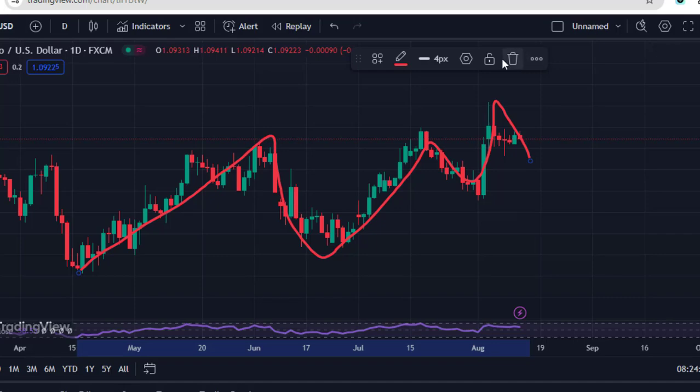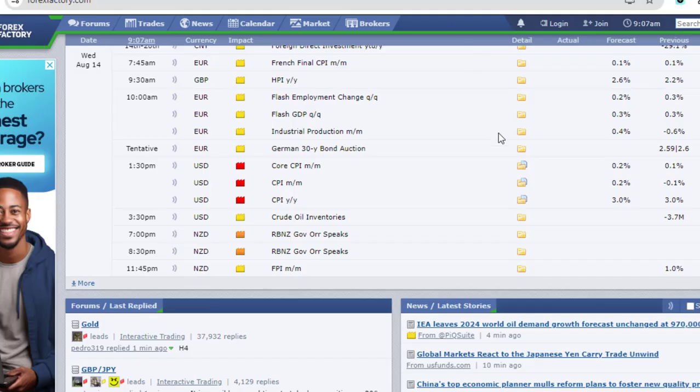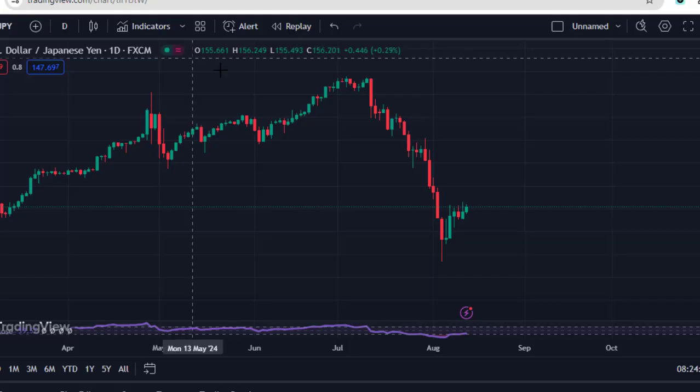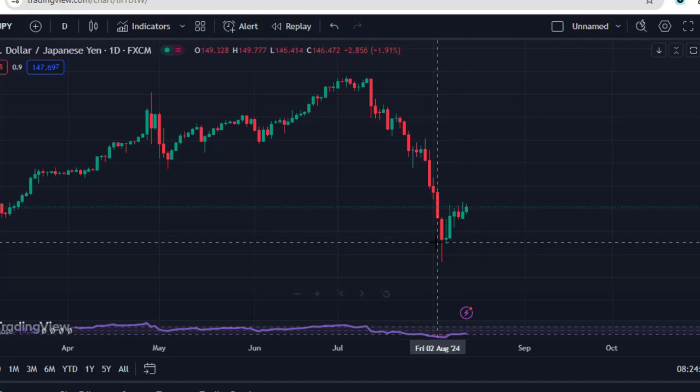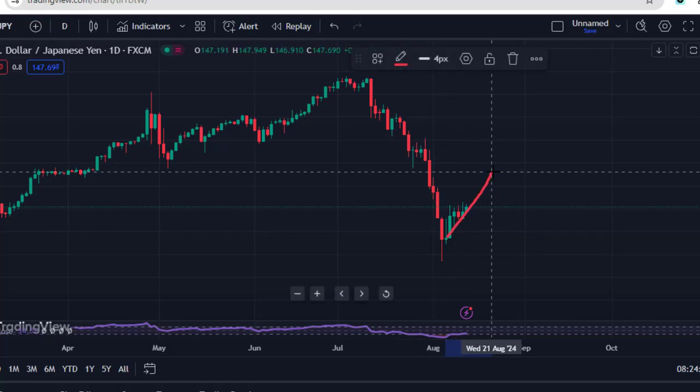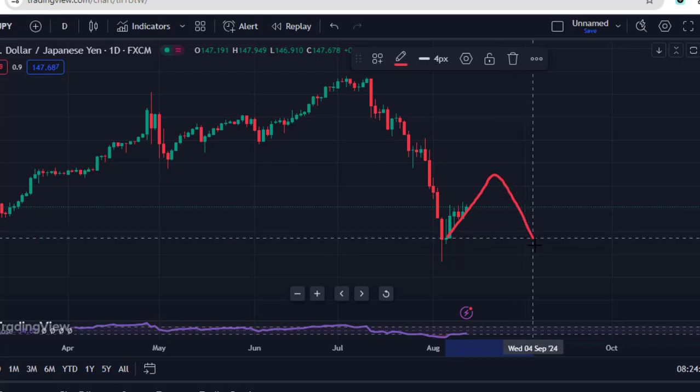So I believe that as the CPI data comes out, even though it is below the forecast, which should be bad for the currency, which is the US dollar, I will be looking at the market moving upward, okay, for a good retracement in favor of the US dollar before the market will begin to come back down at the end of this retracement.